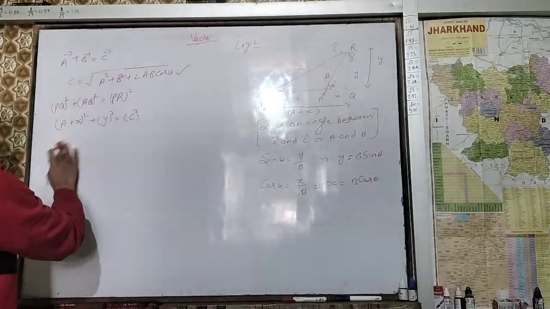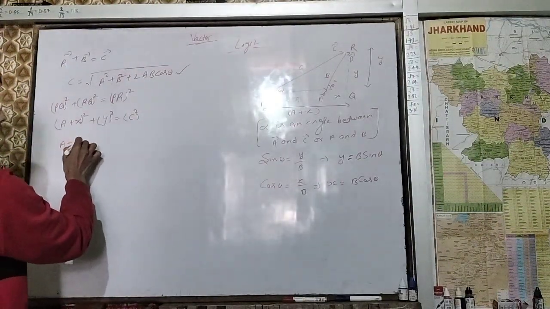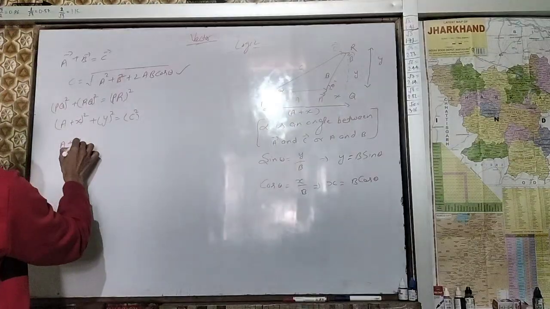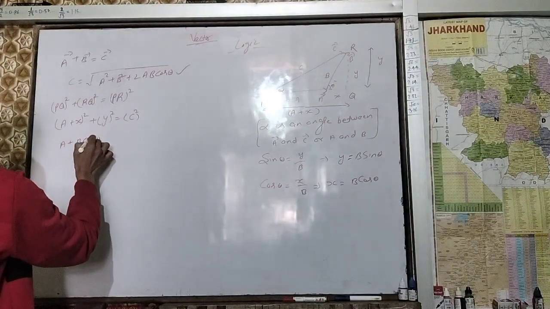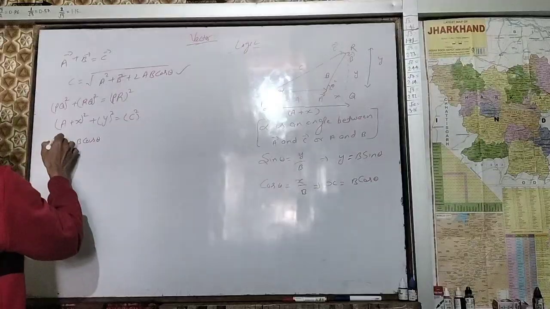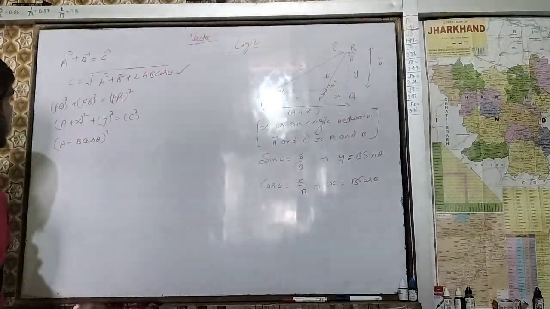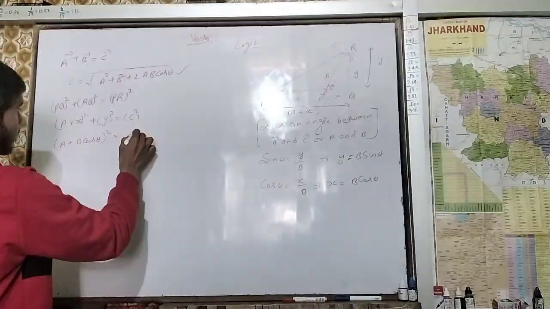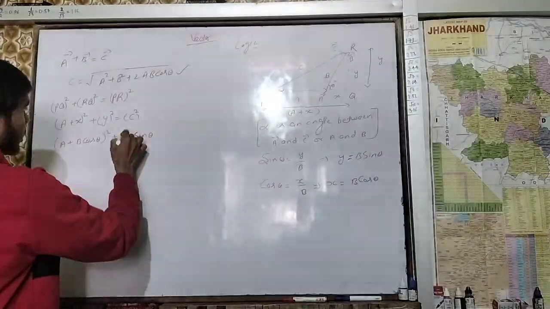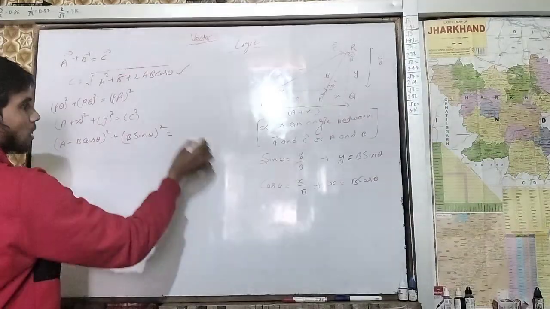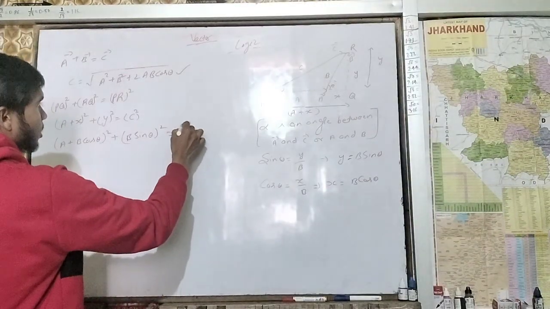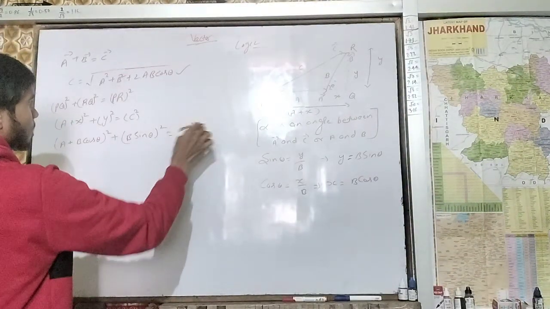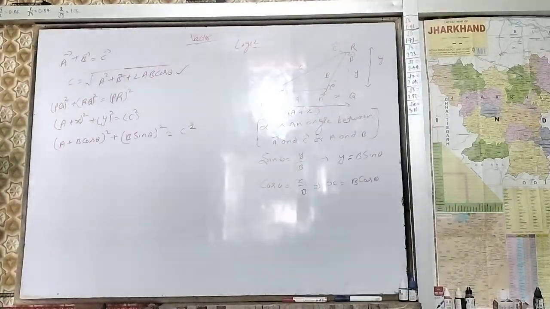So we know a plus x is a plus b cos theta, all squared, plus y, which is b sin theta, raised to power 2, equals c square.